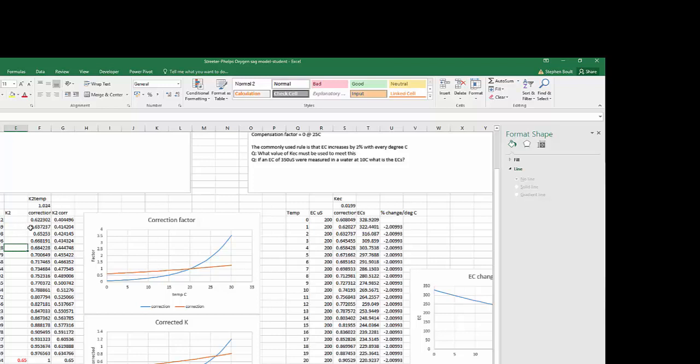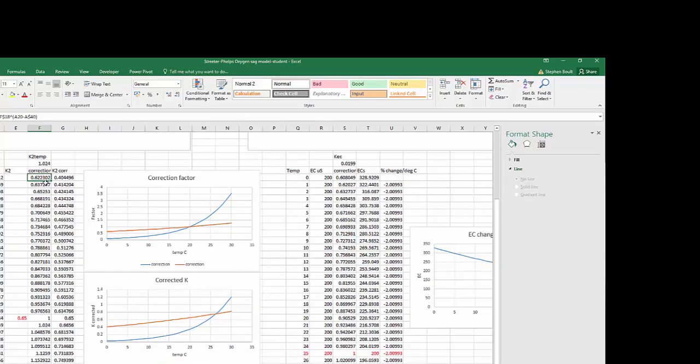The same applies for K2. The correction factor is calculated from the temperature constant raised to the power of the difference between the standard temperature and the measured temperature. You can see that the correction factor gets closer and closer to 1 as you get closer to the standard temperature of 20 degrees, and then starts to go further away from 1 as you go past it.